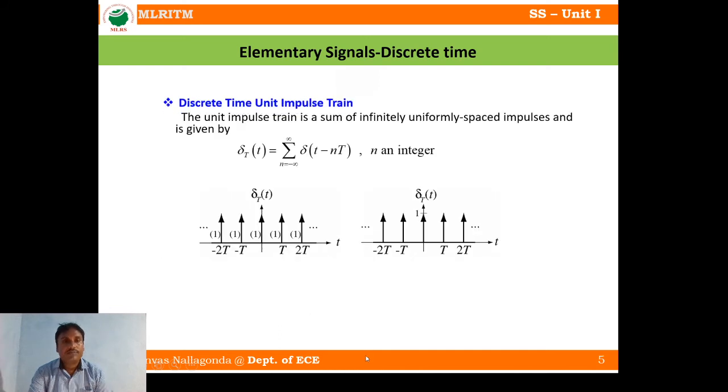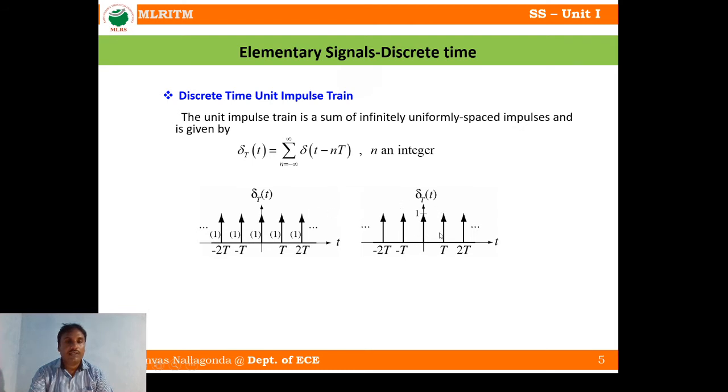Next, the discrete time unit impulse train. This is a train of samples, a number of impulses. The mathematical expression is delta of t equal to the summation from n equal to minus infinity to infinity of delta of t minus nT, where n is an integer. This is the graphical representation.